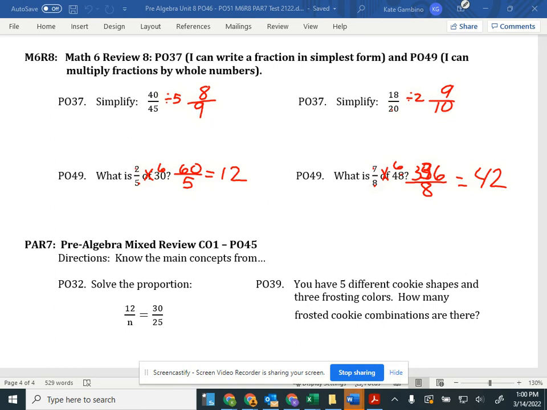So when I did my answer key, I did the shortcut way. The long way would be to multiply across and then divide. I divided first and then I multiplied. Any questions? All right, let's look at our last one.